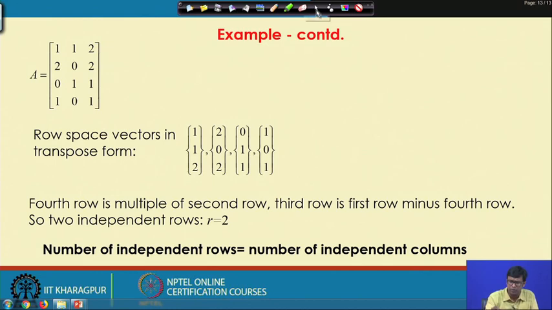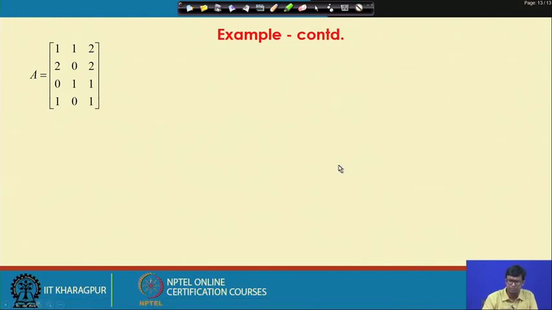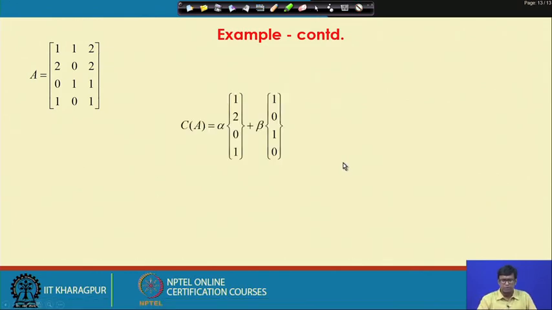Now, we will look into the null space. But before that, the column space is given as a linear combination of the two independent columns.